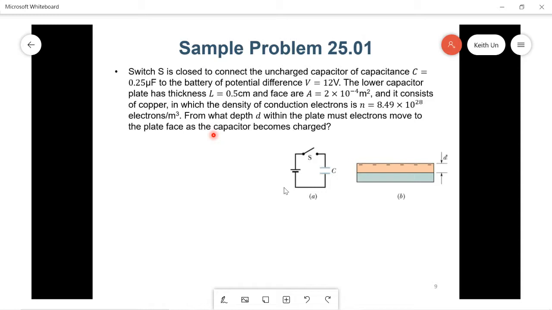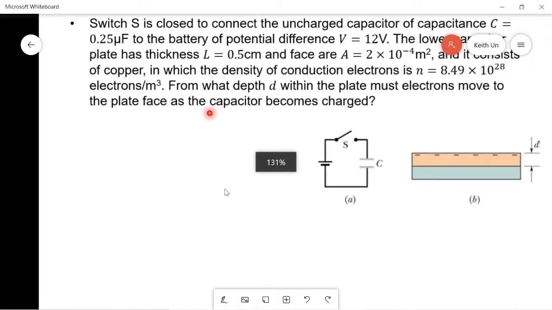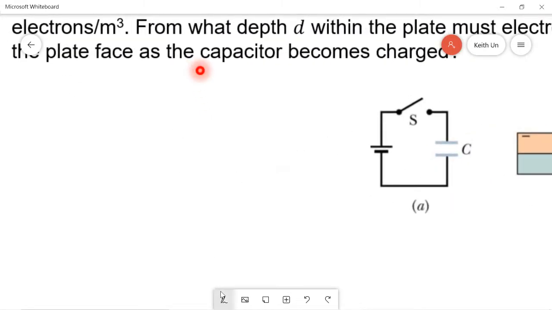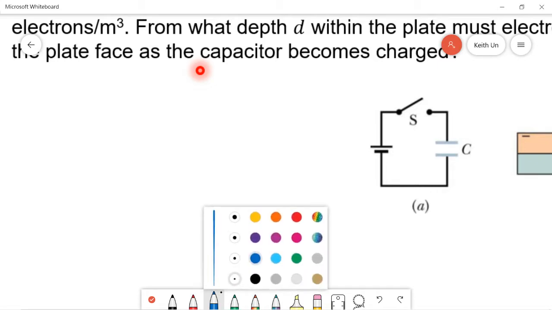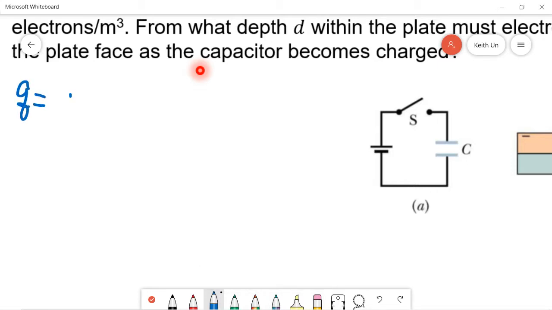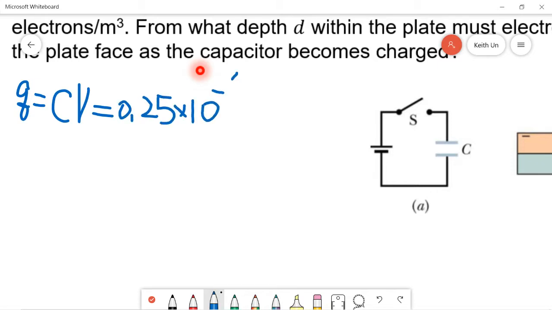Okay, first of all, we would like to calculate the charge on this capacitor. Q equals CV, no problem. 0.25 times 10 to the minus 6 times 12.